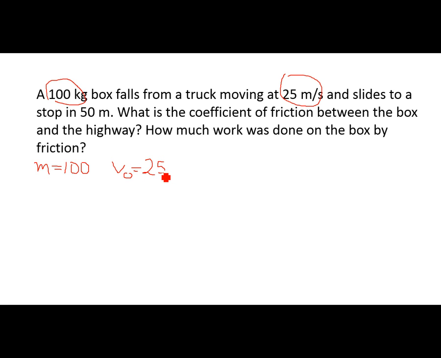I'm going to drop units here because everything is in kilograms, meters, and seconds, so everything's going to come out properly. It slides to a stop, right? Okay, so we know that means our final velocity is 0, and it does that while traversing a distance of 50 meters.